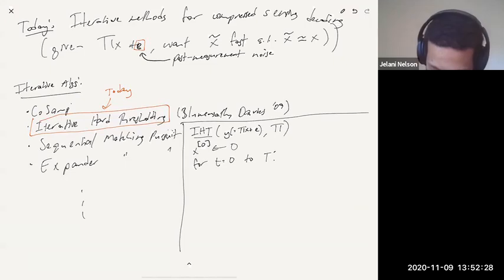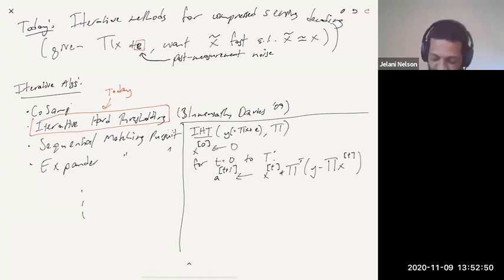I'll say a_{t+1} gets to be x_t plus Π transpose (y minus Π x_t).